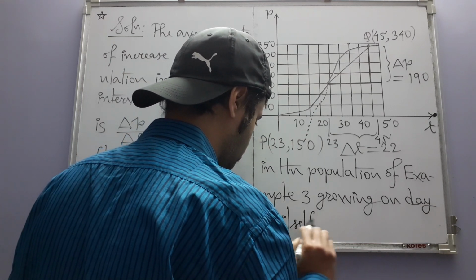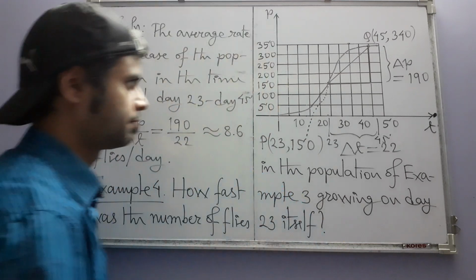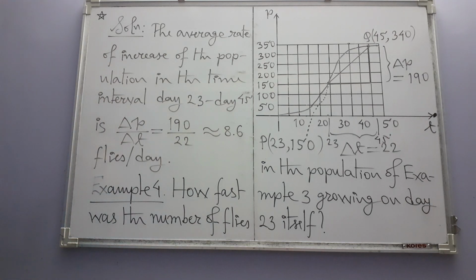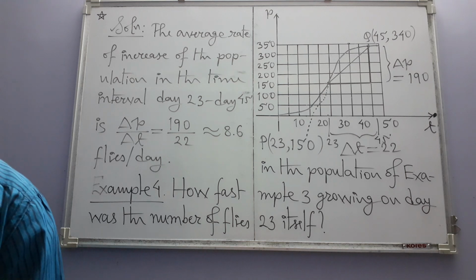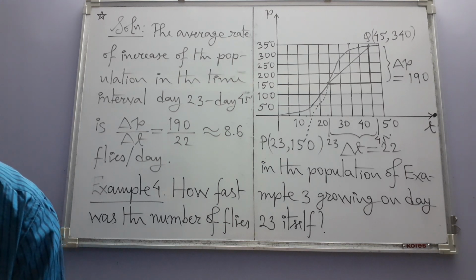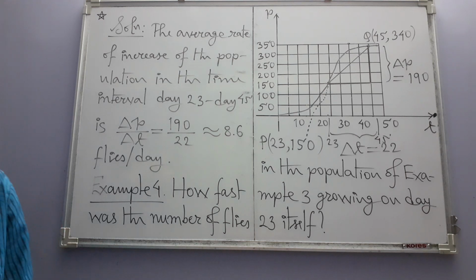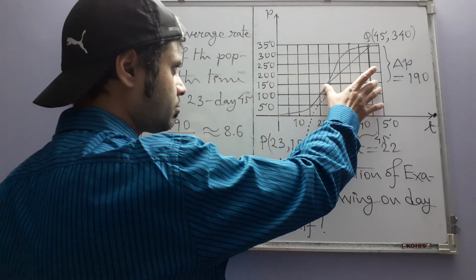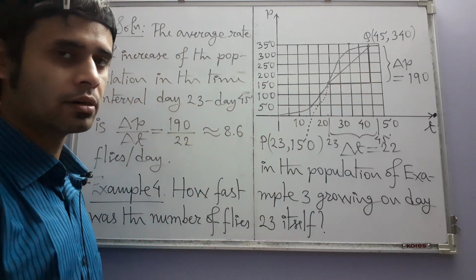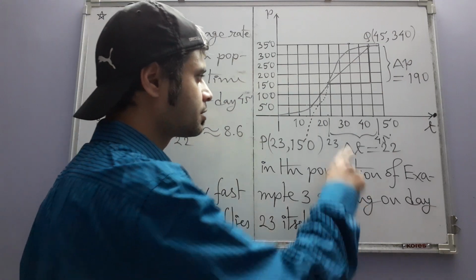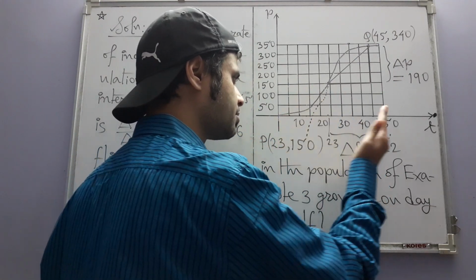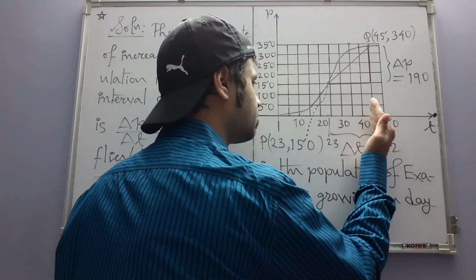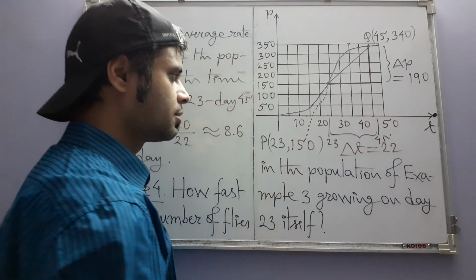So now we are going to calculate average rates over smaller and smaller intervals, keeping this day 23 boundary fixed and moving this right hand boundary closer and closer to this left boundary.